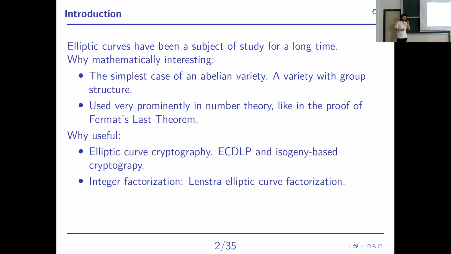But the point of a trapdoor function is that it easily takes the value A and computes the value f of A, but it is very hard to invert. It is very hard to go from f of A to A. And that is the basis of public key cryptography. Elliptic curve discrete logarithm problem and isogeny-based cryptography use these simple methods.